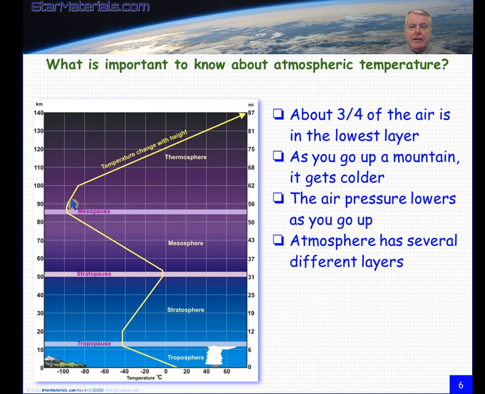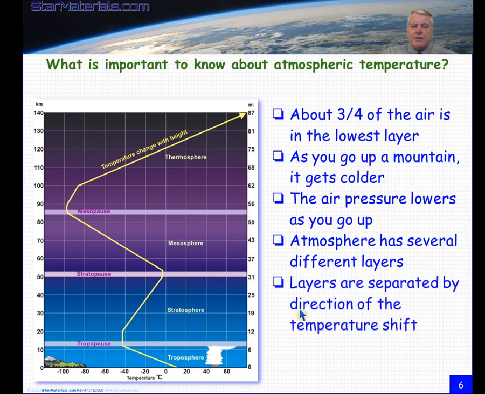And then once you get further up, there are less and less air molecules, but they are further away from the denser air. So the sun heats them up and they get hotter, but there's not as many of them.